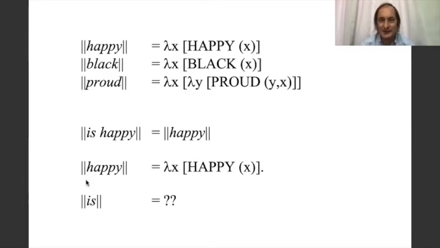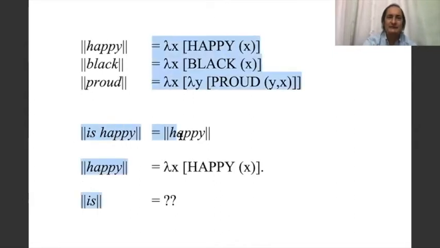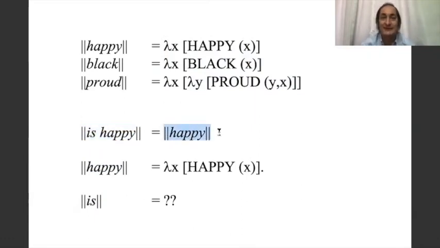And since we're ignoring tense, there's nothing left to really do except pass on the adjective meaning. So that tells us that essentially is happy translates as the same thing that happy translates as.